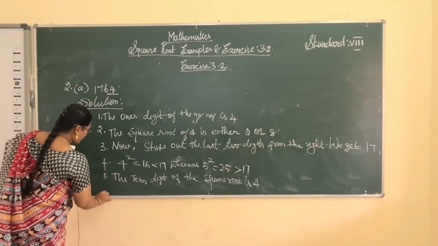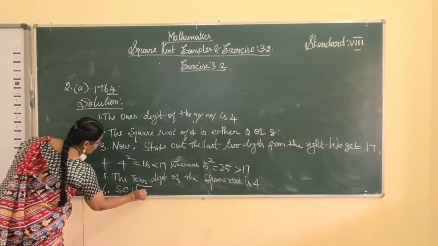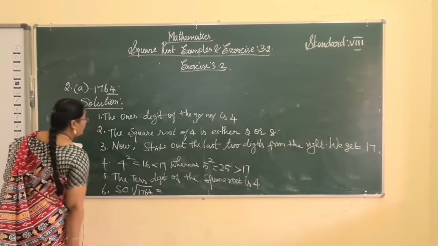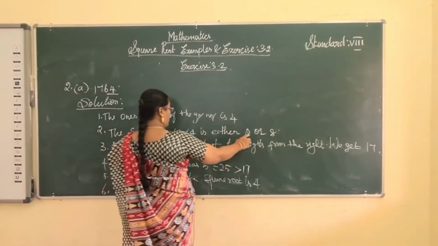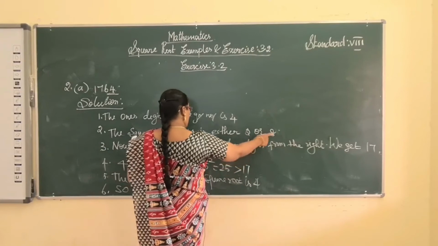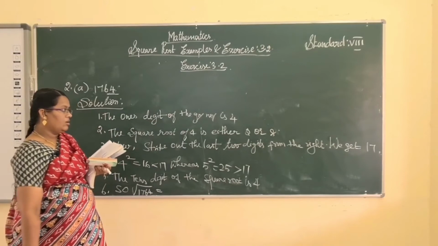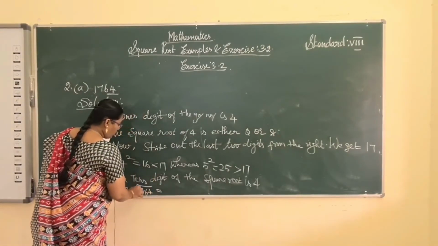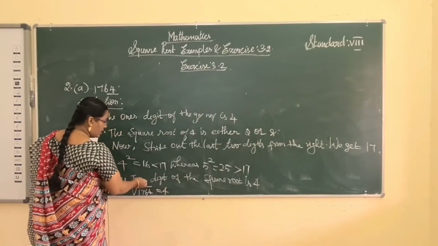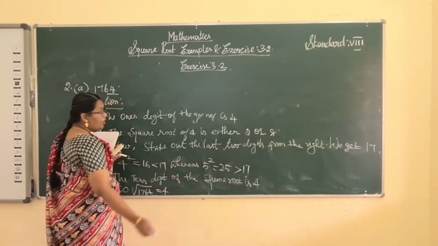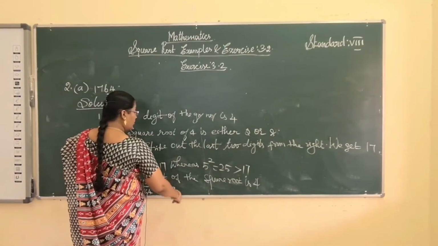The sixth point. So the square root of 1764 is equal to: the ones digit is either 2 or 8. Is it? 2 is possible, we will check. So the square root of 1764, the tens digit value was 4. The ones digit we found, two numbers, either 2 or 8.